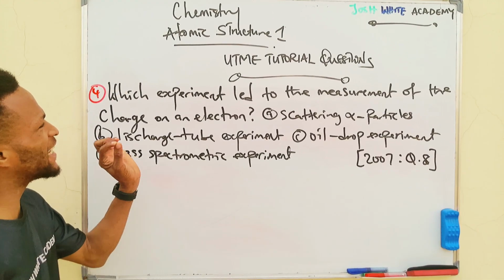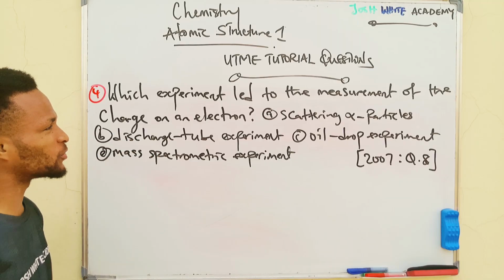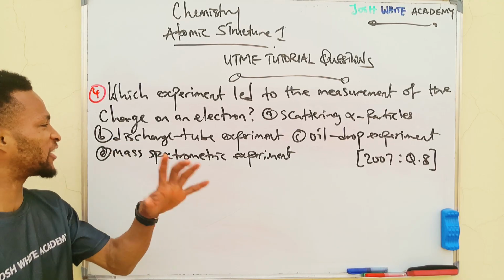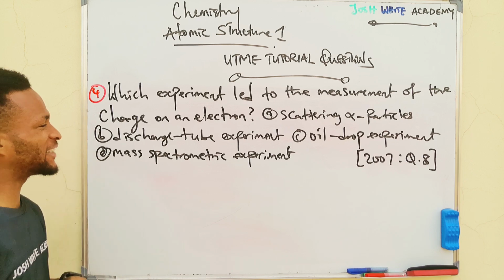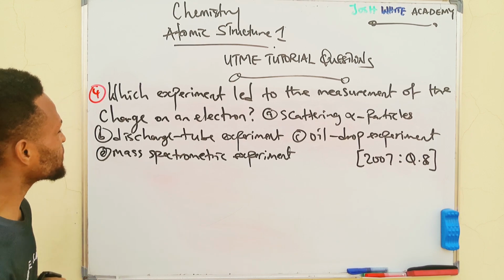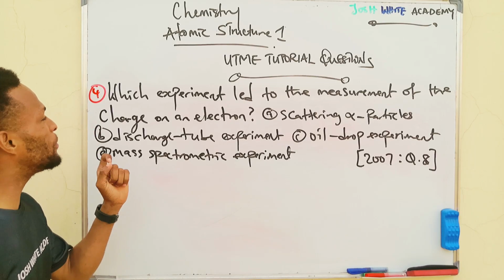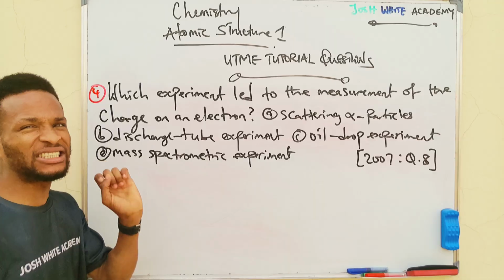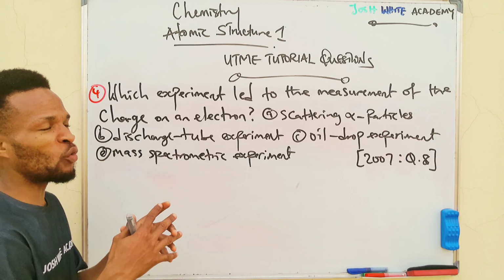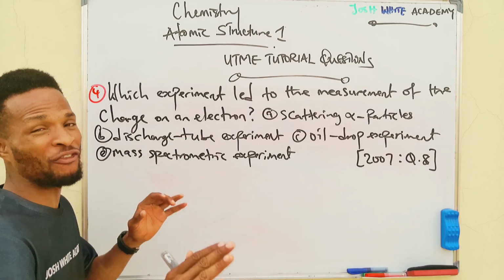Which experiment led to the measurement of the charge on an electron? Scattering alpha particle, discharge tube experiment, oil drop experiment, mass spectrometric experiment. Please take note. The experiment that led to the measurement of charge on an electron is different from the one J.J. Thomson did, where he measured the ratio of the charge to the mass of an electron.